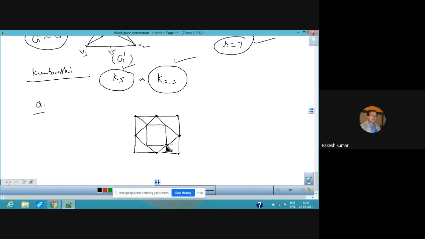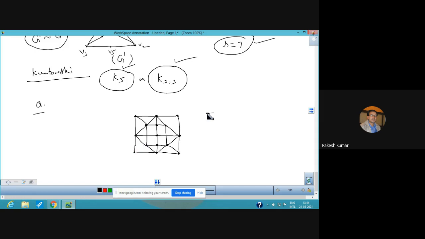So we can join with this. This is another vertex, another vertex, and another vertex. And we can join these also. So this is also a vertex, this is also a vertex, and this is also a vertex.